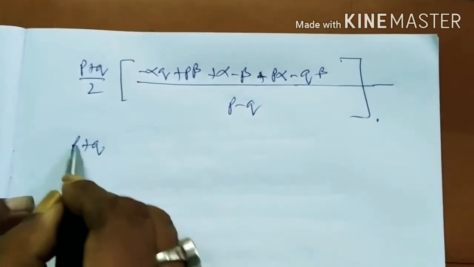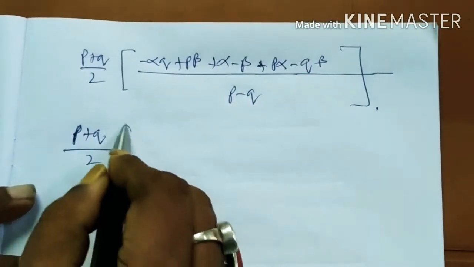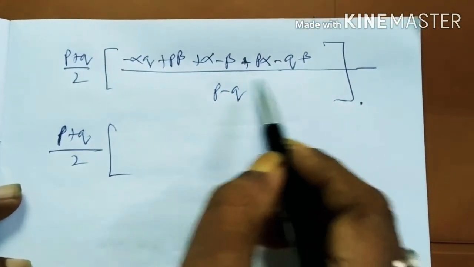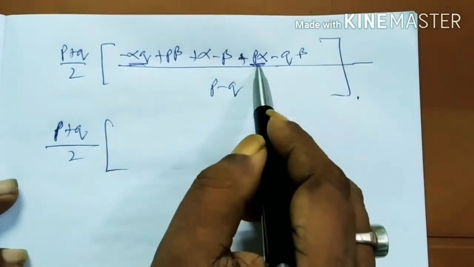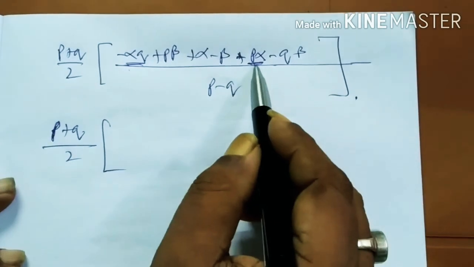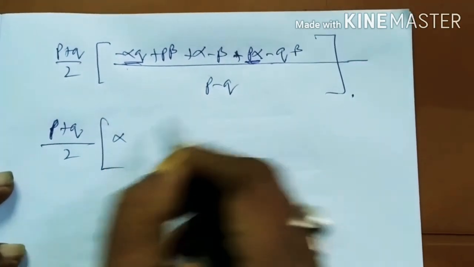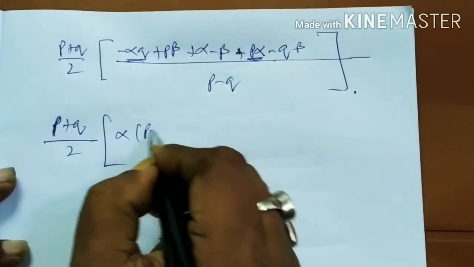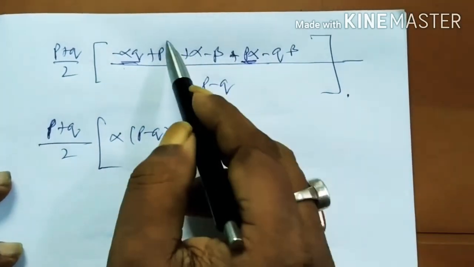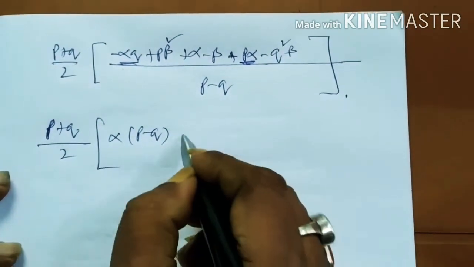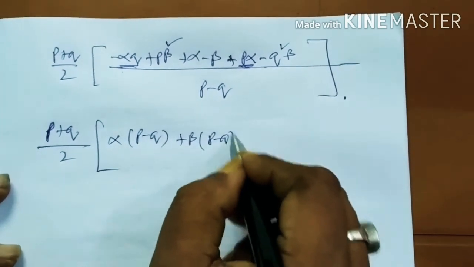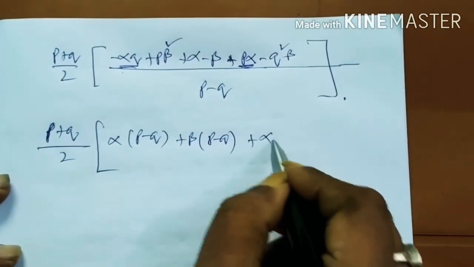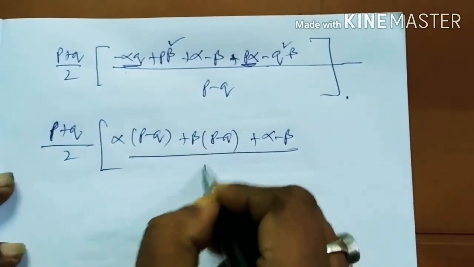Now here, in this and this, the common factor is alpha, (p minus q). Between this and this, the common factor is beta, so (p minus q), and the remaining is (alpha minus beta) by (p minus q).